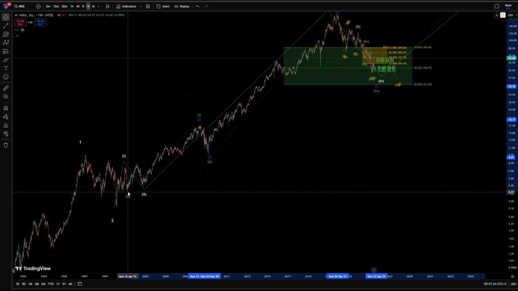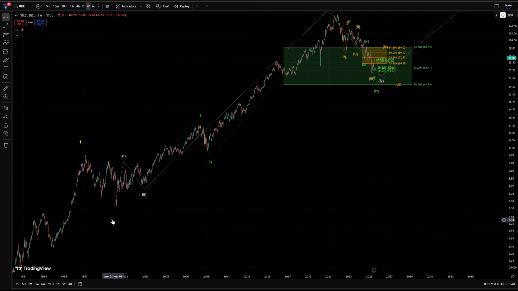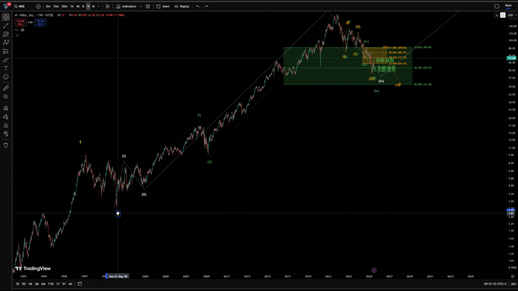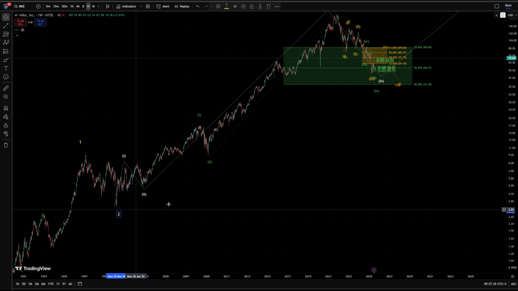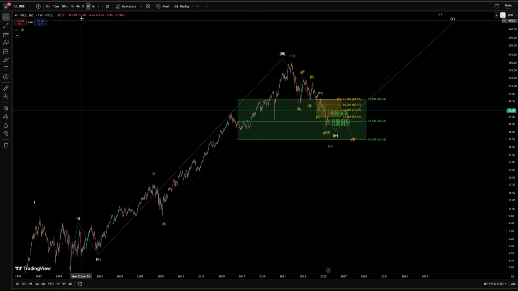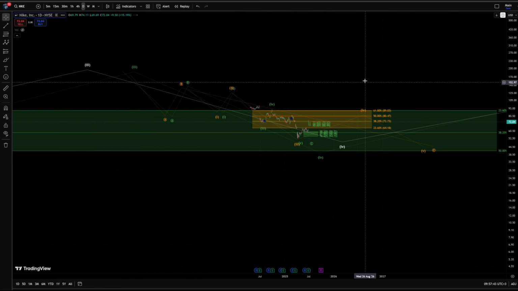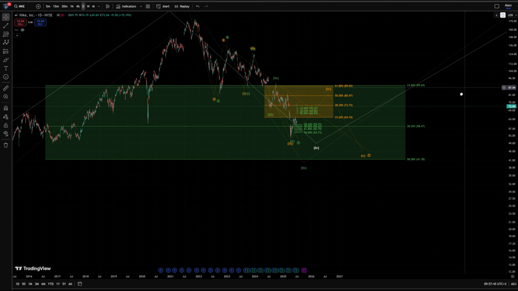Now it's also possible that it started here, and either that we had another 1, 2 here, or that this wave 2 actually ended here. Both are very, very realistic possibilities.